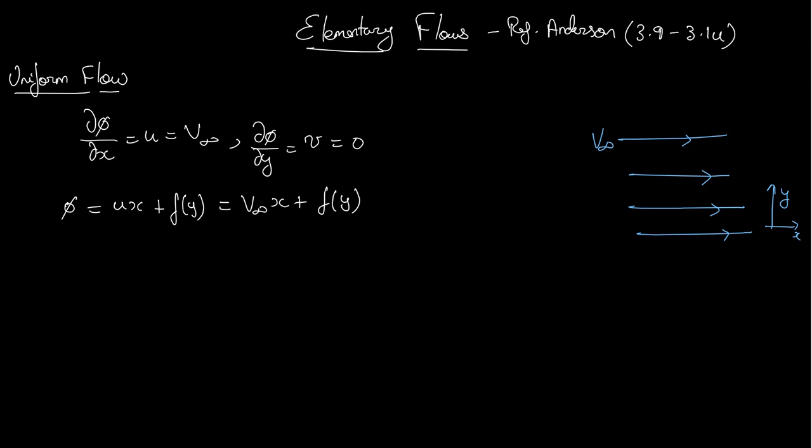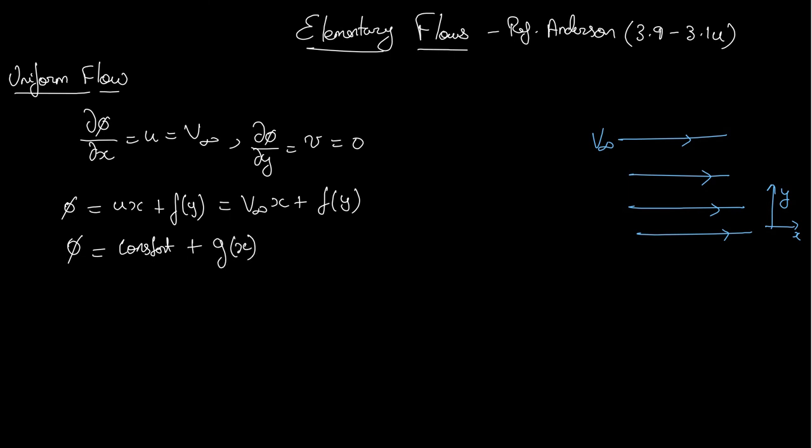And also if I integrate the second equation, that is dou phi by dou y equals v, with respect to y, I'll get phi equals a constant, because the right hand side is 0, plus f of x, that's the function of integration. These are the rules of partial integration; it's not the same f of x, let's assume it's g of x.